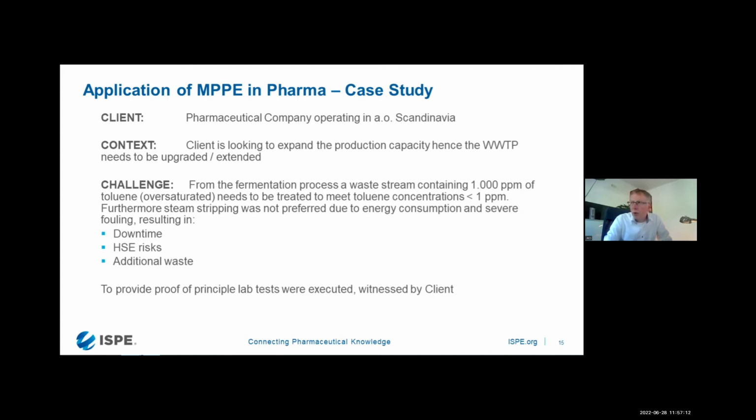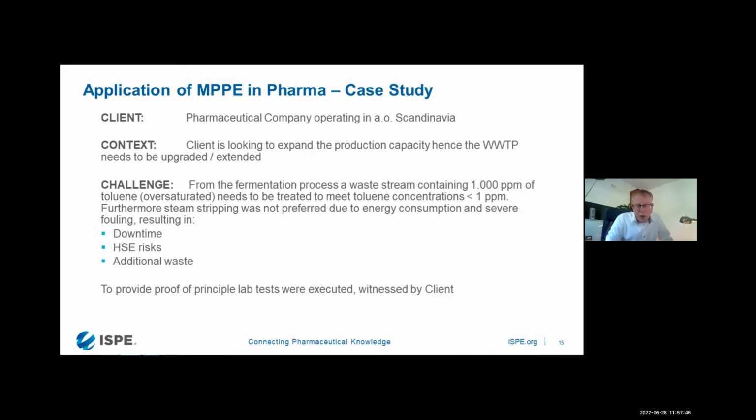Some components were attaching to the surface of the media transfer particles inside the stripper, and they basically reduced the efficiency of the stripper over time, and that needed to be cleaned, which involved downtime of the stripper. There were significant HSE risks attached to that. The client had to hire an external company for that, and that also created a waste stream.